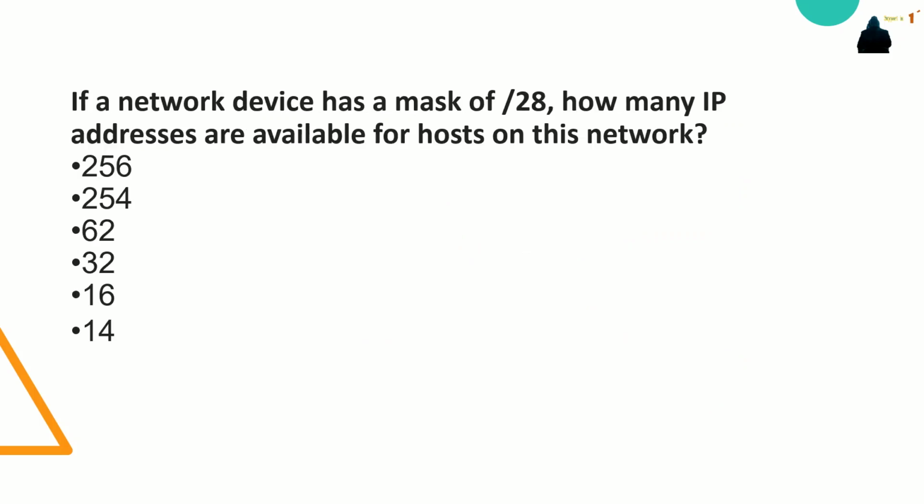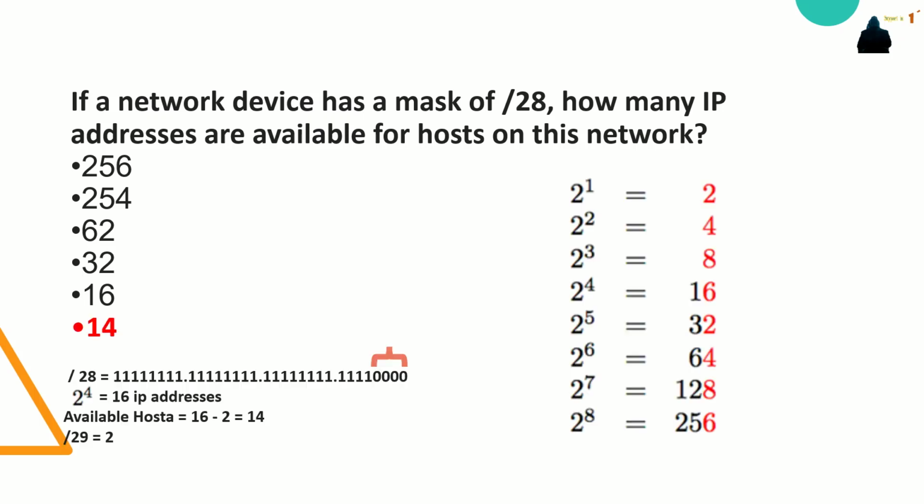If a network device has a mask of /28, how many IP addresses are available for hosts on the network? I should describe how you can get it here, but you can also use this table.